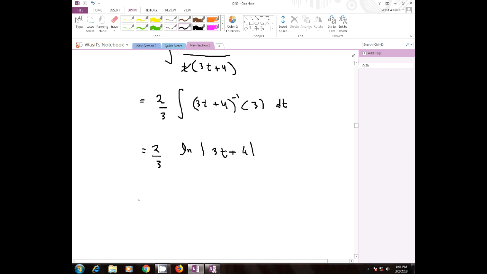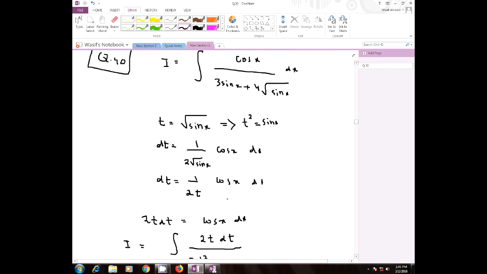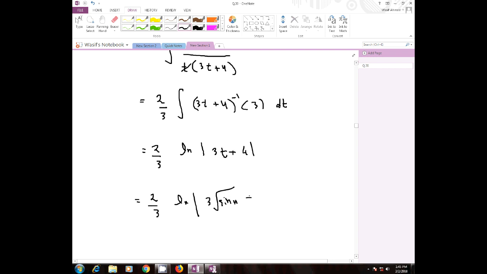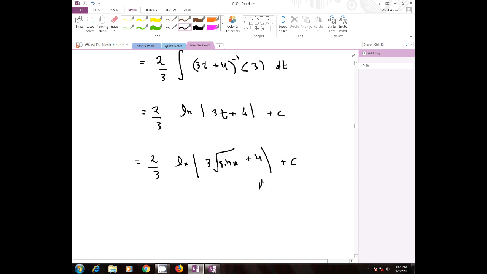Apply the value of t. 2 divided by 3 natural log of 3, t is equal to square root sin x, 3 square root sin x, and plus 4, plus constant of integration. This is the answer. Let me check it. 2 divided by 3 ln 4 plus 3 square root sin x. Yes, this is your answer.